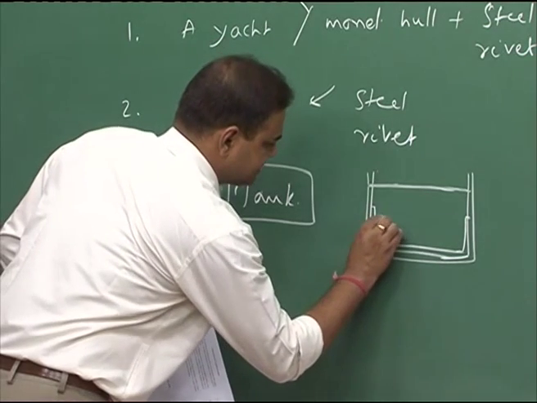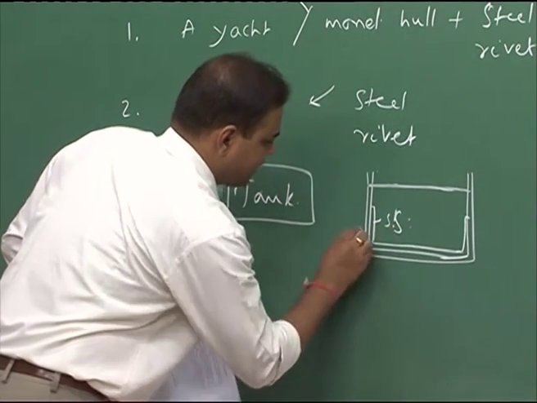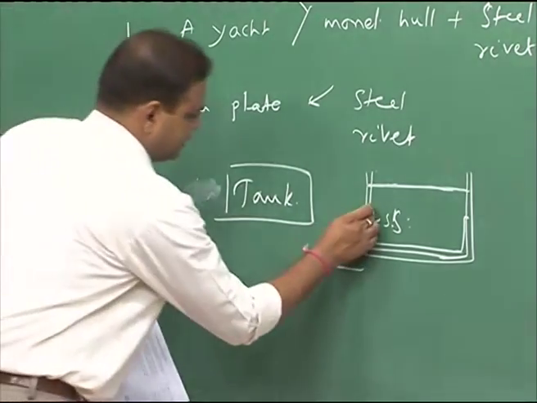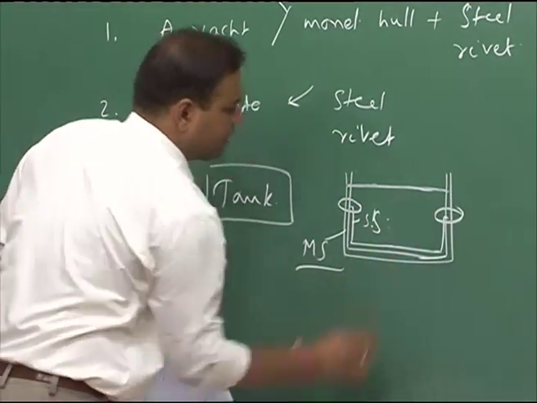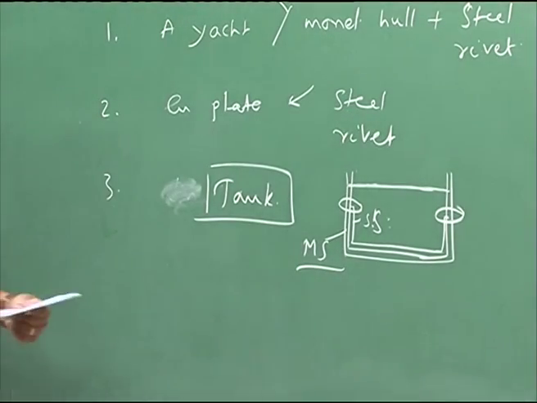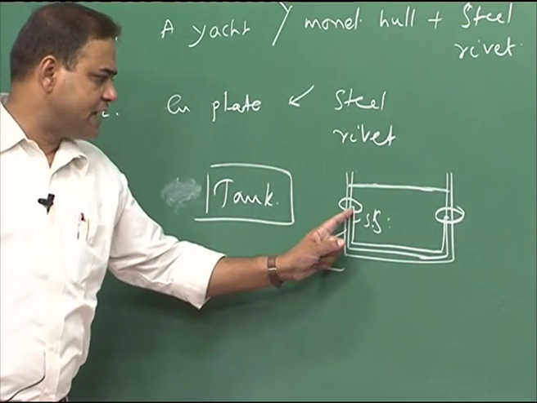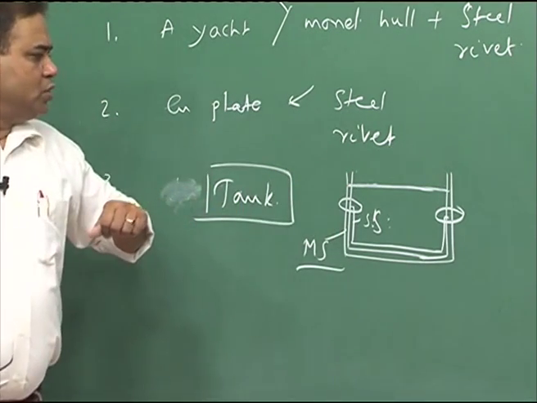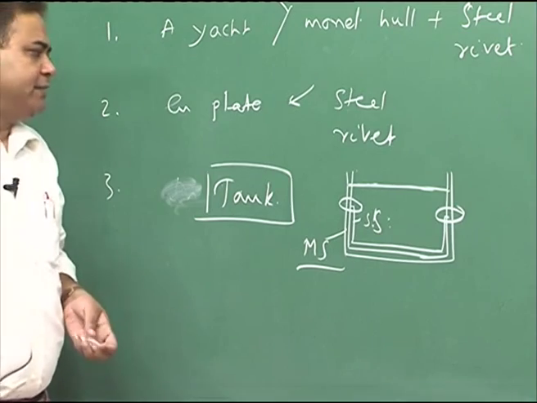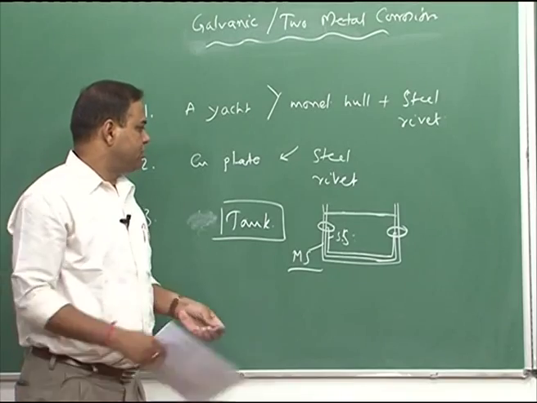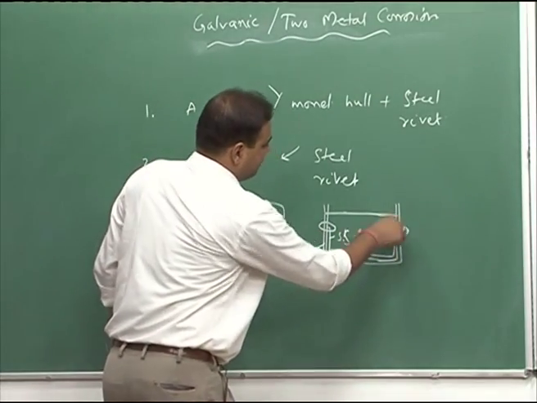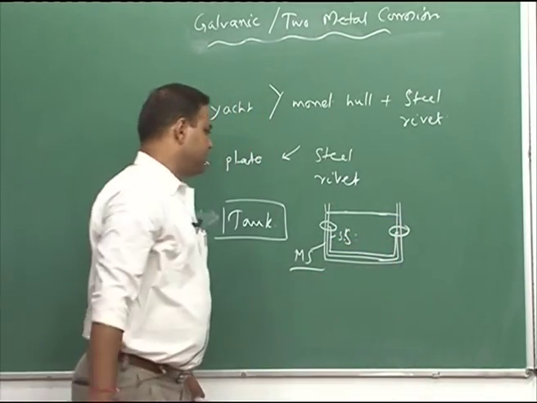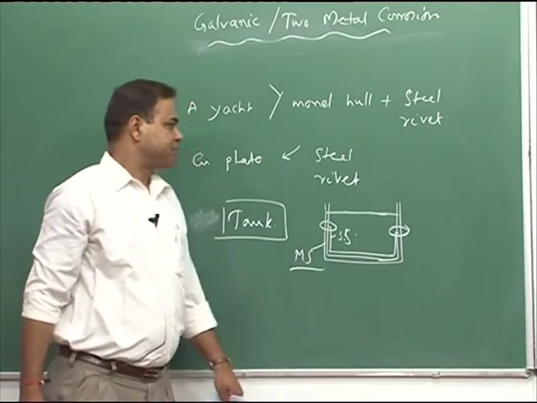Then the part where we have welding between the stainless steel, or the cladding of stainless steel, and the mild steel on top can develop a leak. So, the solution can go out through this leak. So, this is another example.